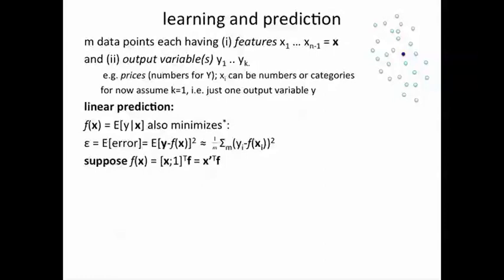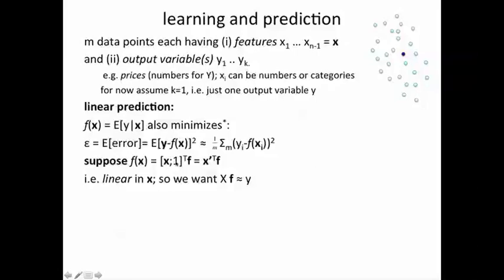Let's see what that looks like if we have a particular form of f. We're dealing with linear predictions, so in some sense we're saying that f is not just any function, but it is a particular type of function which is a linear function. So what f looks like is x times some set of weights. If you look at this as a row vector, then x consists of all the elements of that row vector.